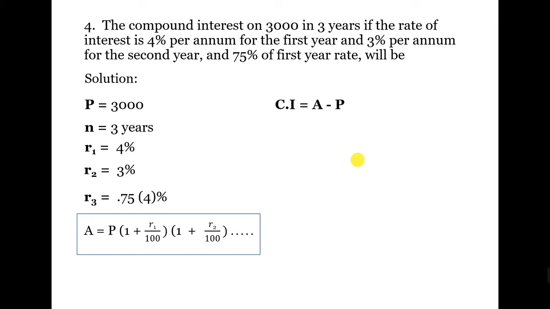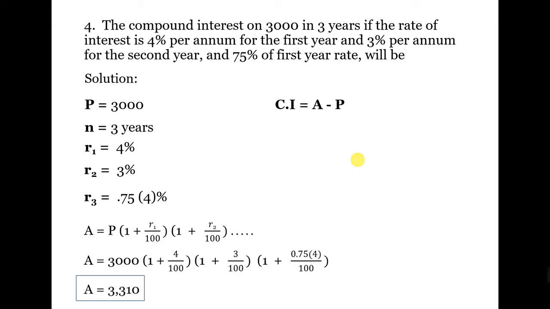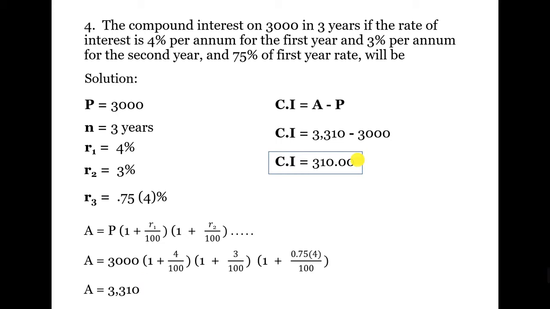Then we will substitute the values to the formula, and the answer is equal to 3,310. We can now directly solve for the value of compound interest by substituting the amount accumulated and the principal amount. Therefore, the result is equal to 310 as the amount of compound interest.